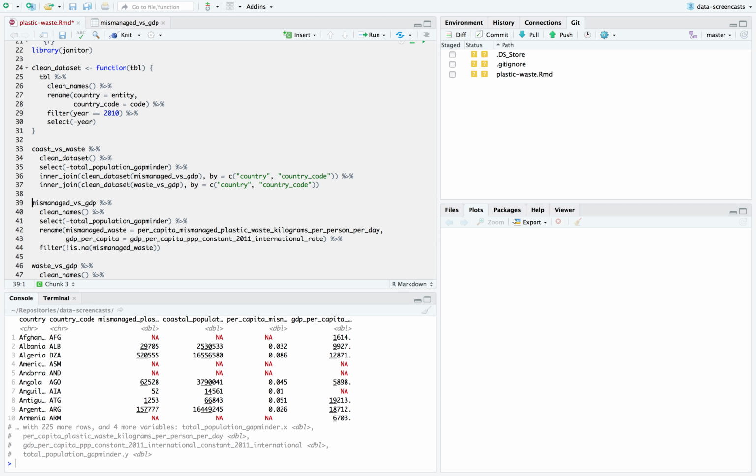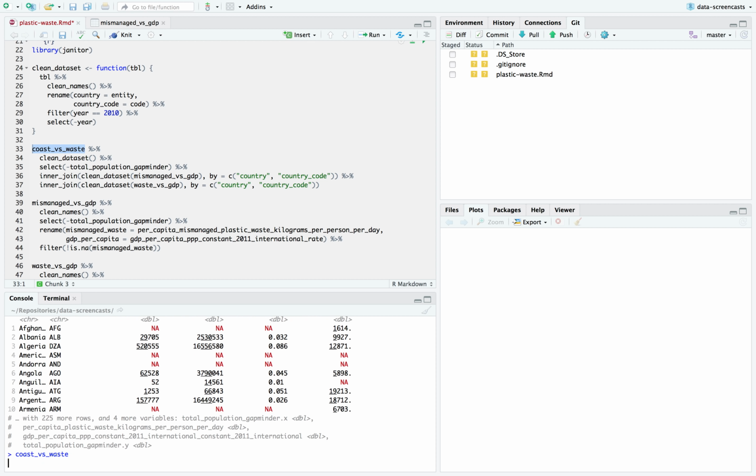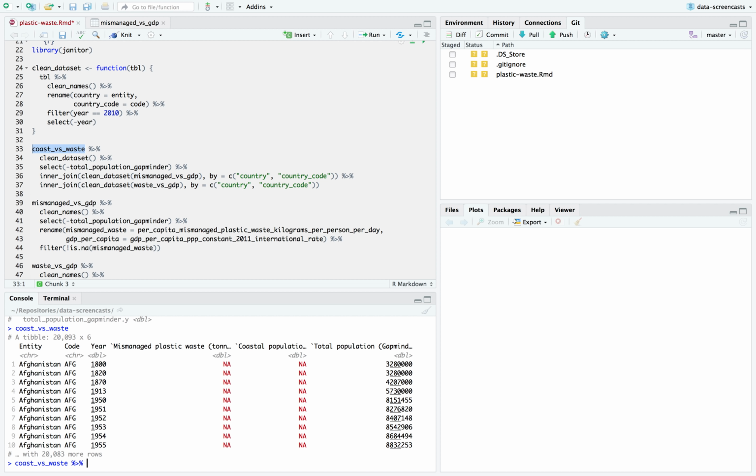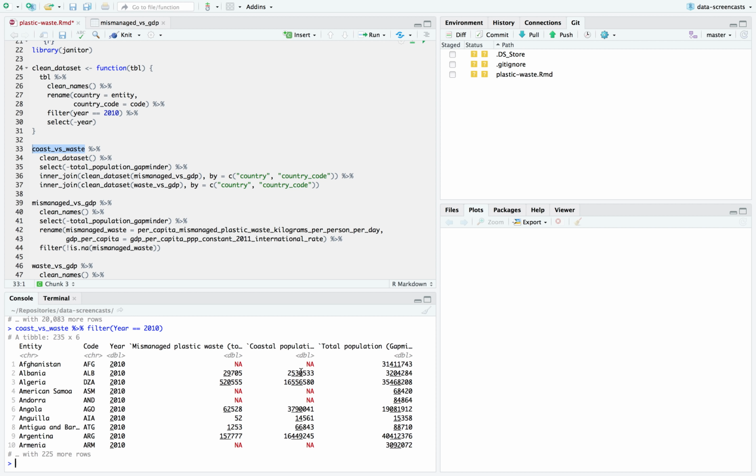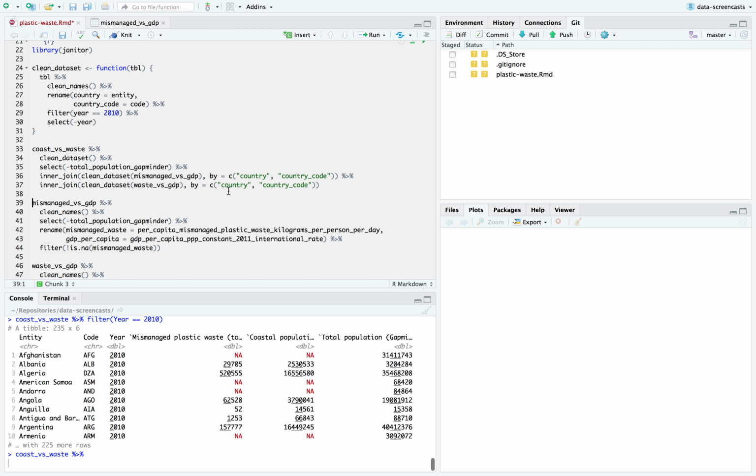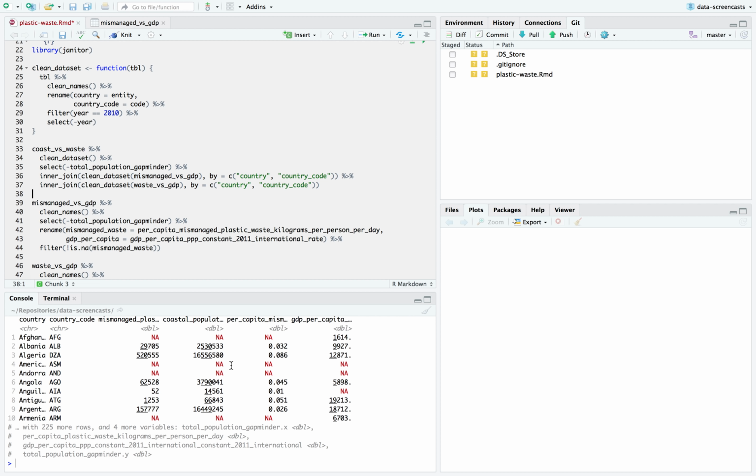So now I actually have more information about it. It looks like there are things I'm still missing from each of them. For example, here, filter year equals 2010. Was I missing Afghanistan? Yes, I was missing stats on Afghanistan in this one. All right. I run through this, and we actually notice there's quite a bit of missing data.